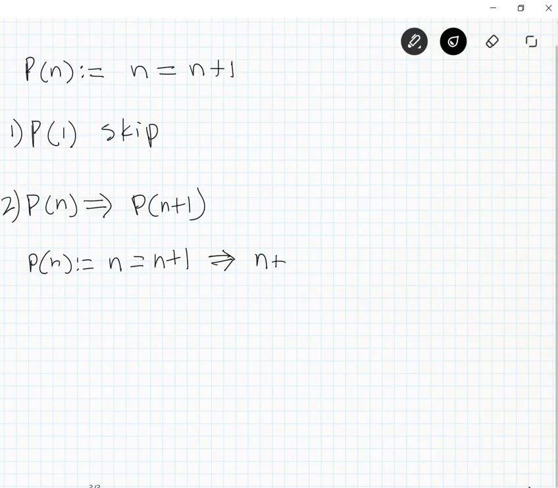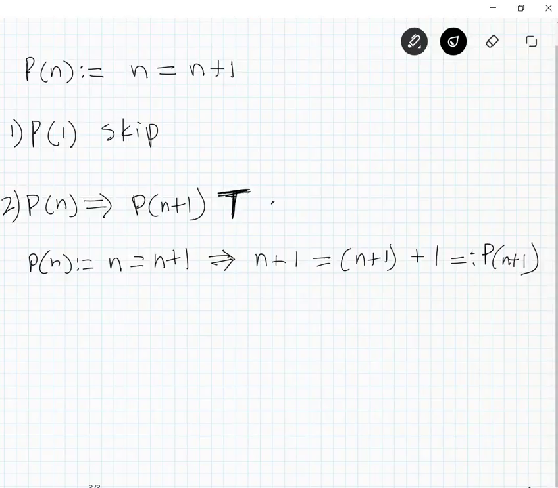If you add 1 to both sides, you get n plus 1 is equal to n plus 1 plus 1, which is P of n plus 1. So this is true. This is satisfied.